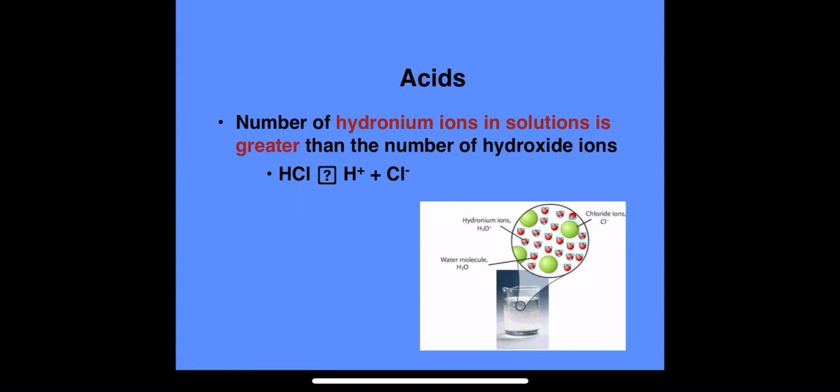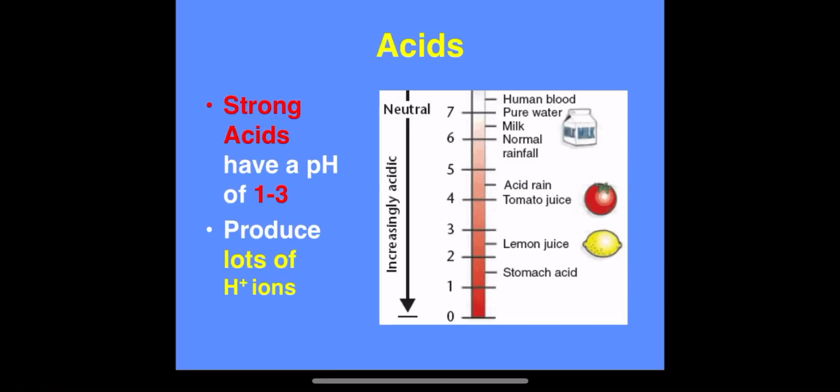In acids, the number of hydronium ions in solution is greater than the number of hydroxide ions, as shown on the photo. Strong acids have a pH of 1 to 3, which produce lots of hydrogen ions.